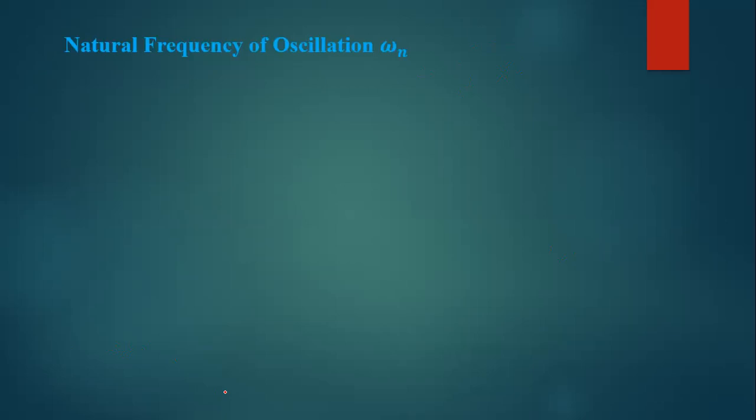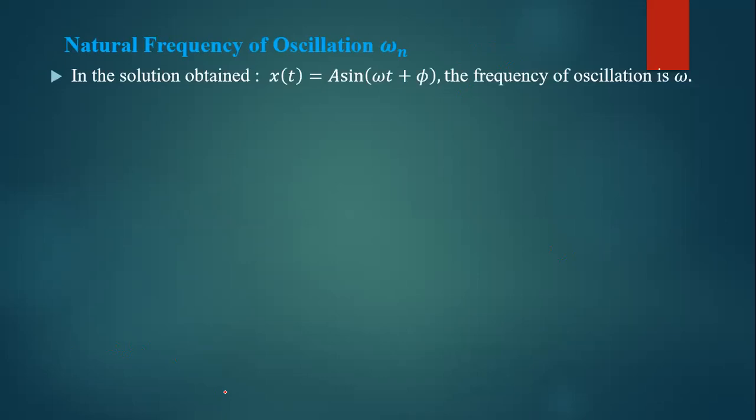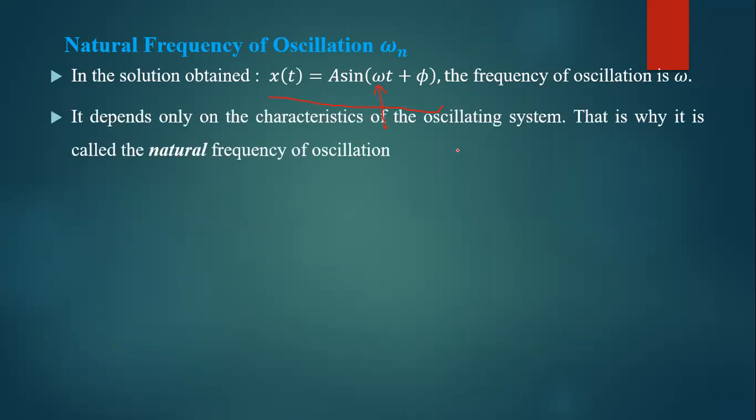Now let's see how we can find the natural frequency for various types of systems. The solution we obtained is a general form of solution. In it, omega is the natural frequency, or frequency of oscillation, and it depends on the characteristics of the oscillating system.